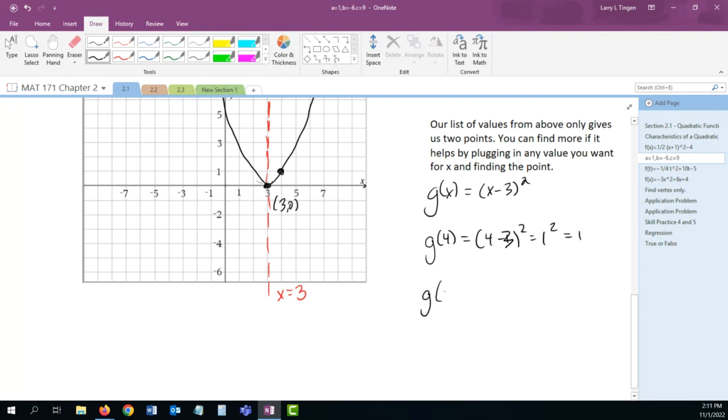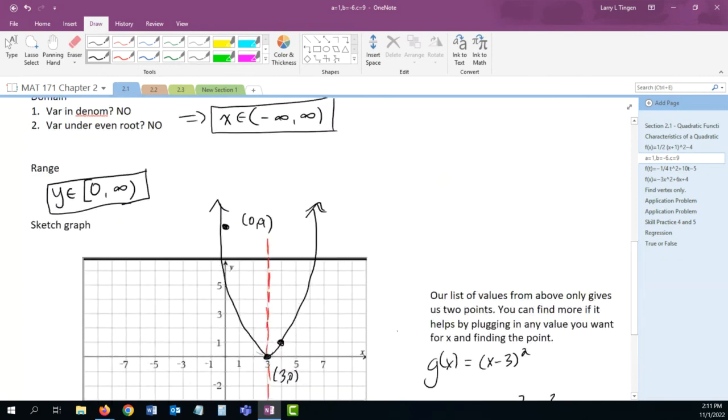And then g of 6: 6 minus 3 is 3, and 3 squared is 9. So (6, 9) is going to be on there too, because of our symmetry.